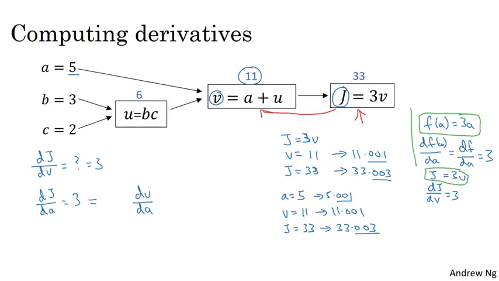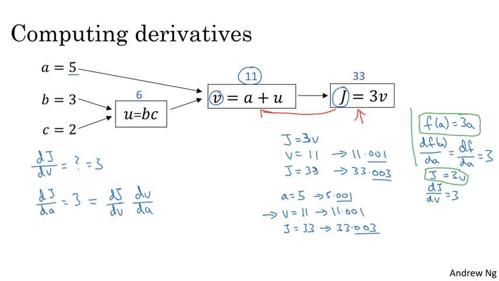by changing a, you end up increasing v. Well, how much does v increase? It'll increase by an amount that's determined by dv dA. And then the change in v will cause the value of j to also increase.